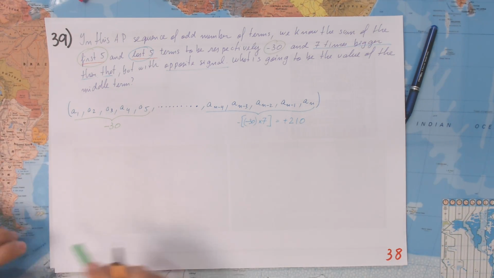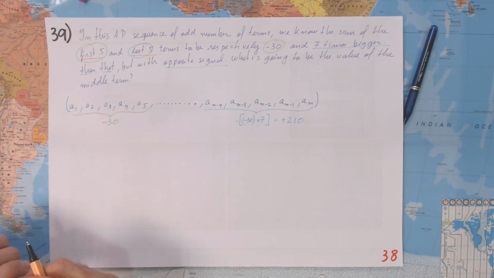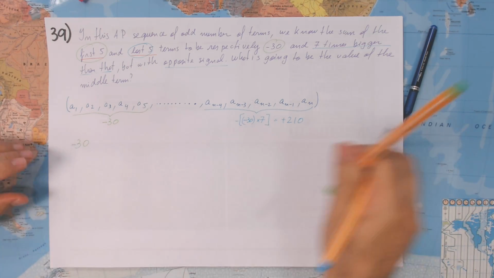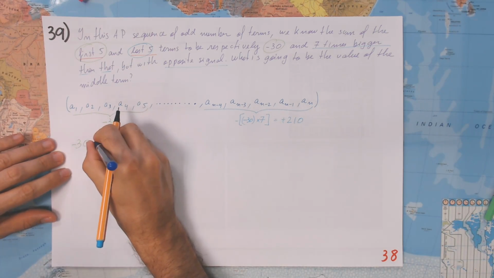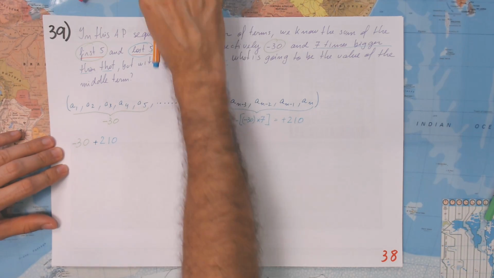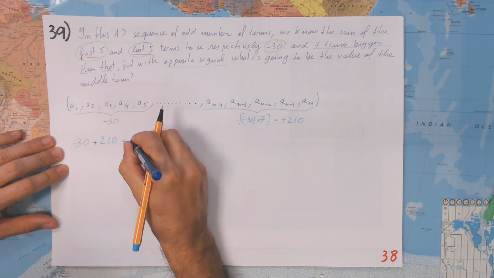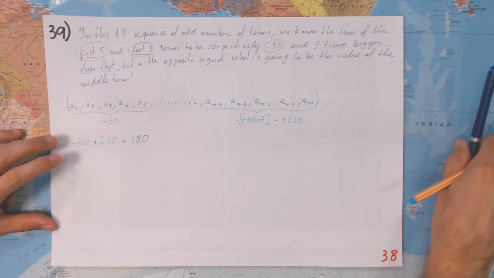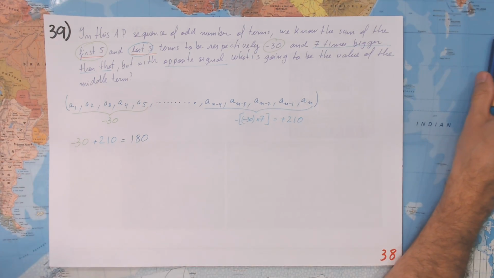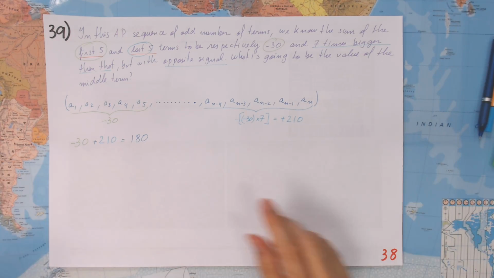Well, now I'm going to write this, and I want you to think, why am I writing this? Why am I making this summation? Who can tell me first? Of course, this is 180, but why am I doing this? Okay, why? What is the point about knowing this?